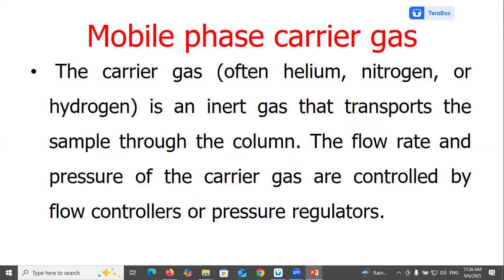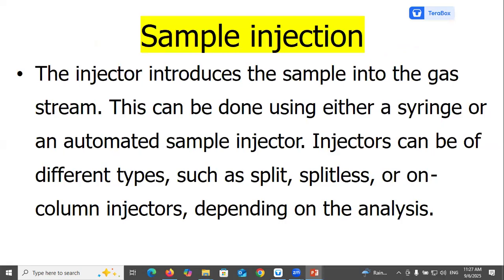Mobile phase, carrier gas. The carrier gas, often helium, nitrogen, or hydrogen, is an inert gas that transports the sample through the column. The flow rate and pressure of the carrier gas are controlled by flow controllers or pressure regulators. Sample injection: the injector introduces the sample into the gas stream.